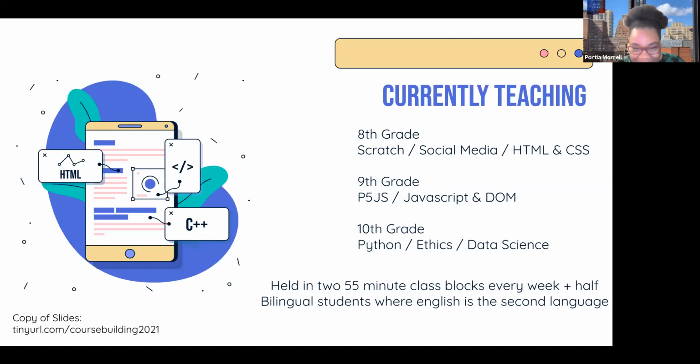So it's not a lot of time, but we get a lot of things done because my approach to teaching is self-paced learning. Even if we don't finish it in class, they can pick it right back up and do it at home.